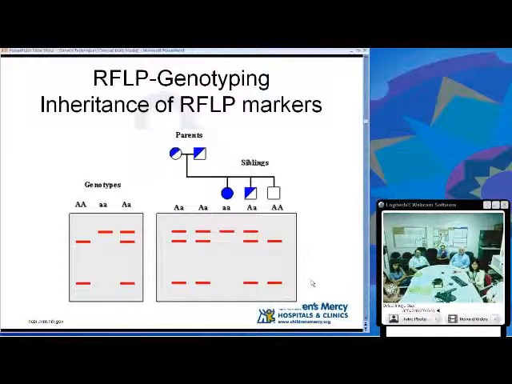So you digest their DNA with a specific restriction endonuclease and take that probe that you're interested in, and then probe that Southern blot, and then you could see that the parents are both heterozygous for this gene. You have one child that is homozygous recessive, you have one child that's homozygous dominant, and then you have another kid that looks like the parents that are heterozygous. Okay.